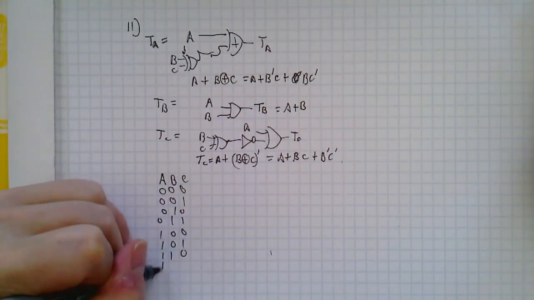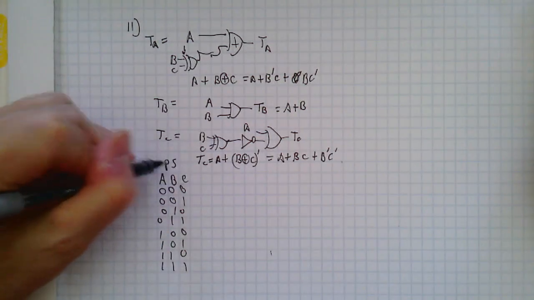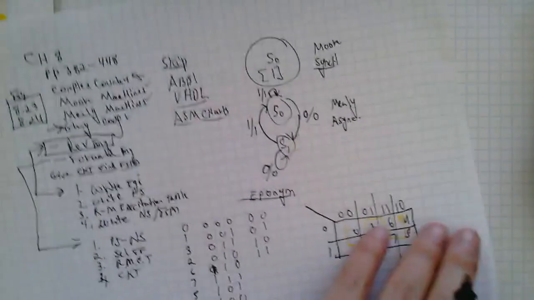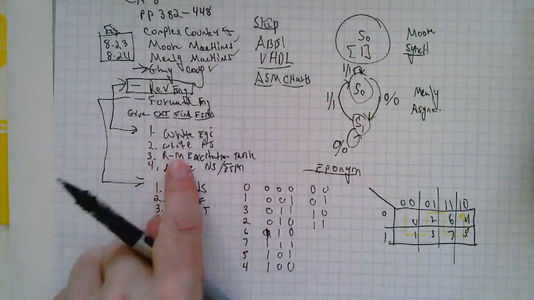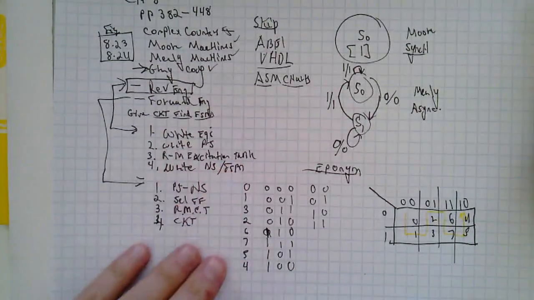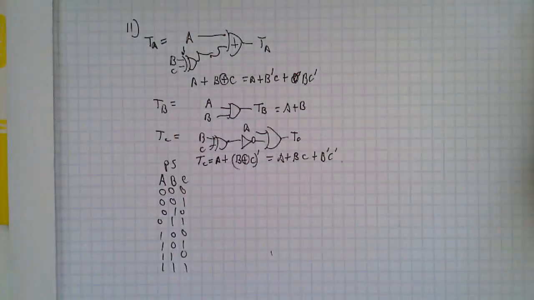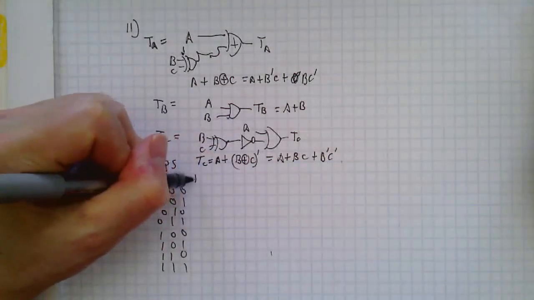And that is your present state. And now it says here, I'm going to follow the directions. Right, here's my directions. I need the remapped excitation tables. So I get that from the equations. Here's the equations. And so now I can write out what the inputs are for T sub A, T sub B, and T sub C.